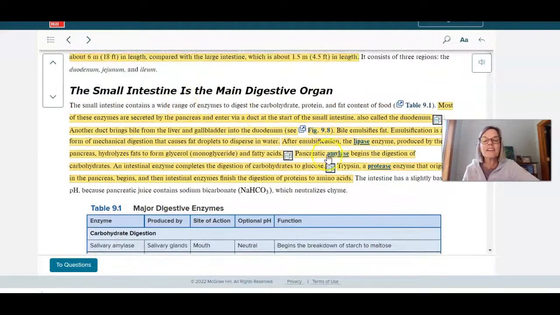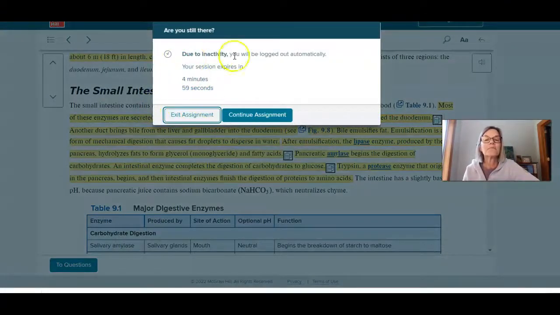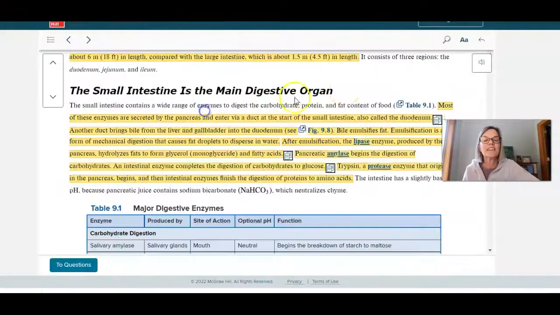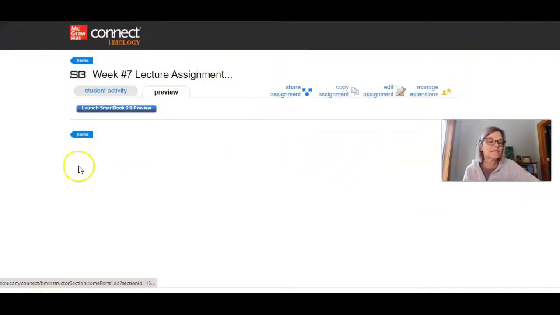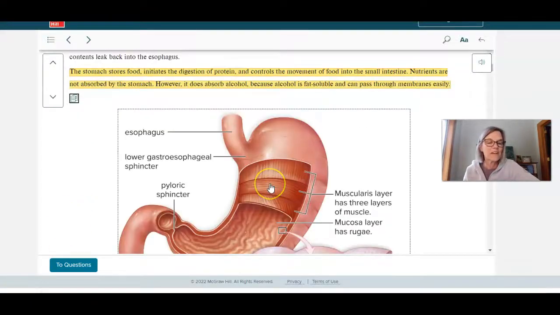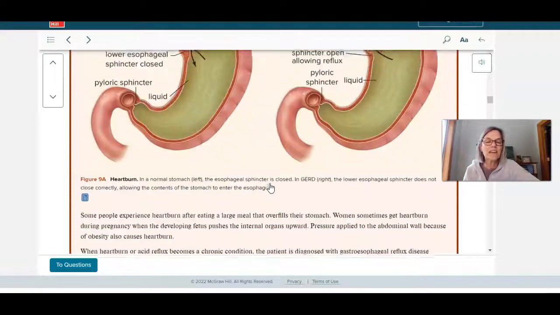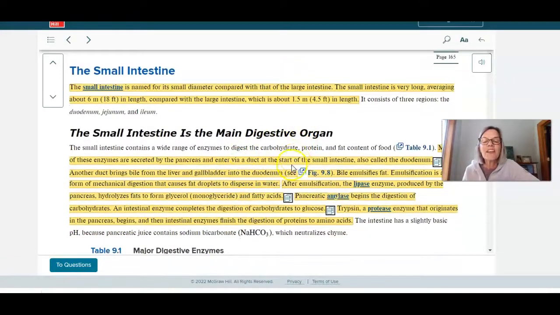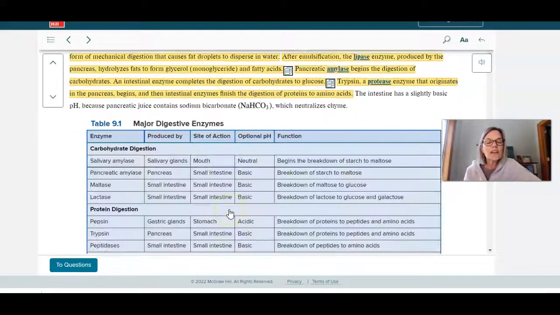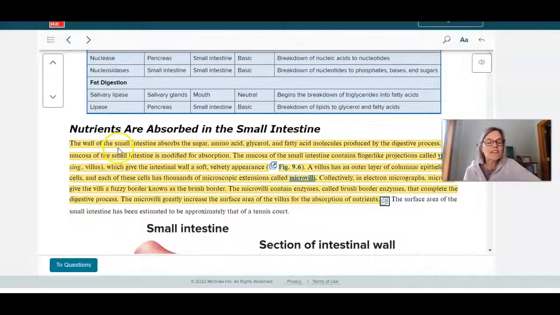And it says it's the main organ involved in digestion. The other thing that happens in the small intestine is it's really important in absorption of nutrients.